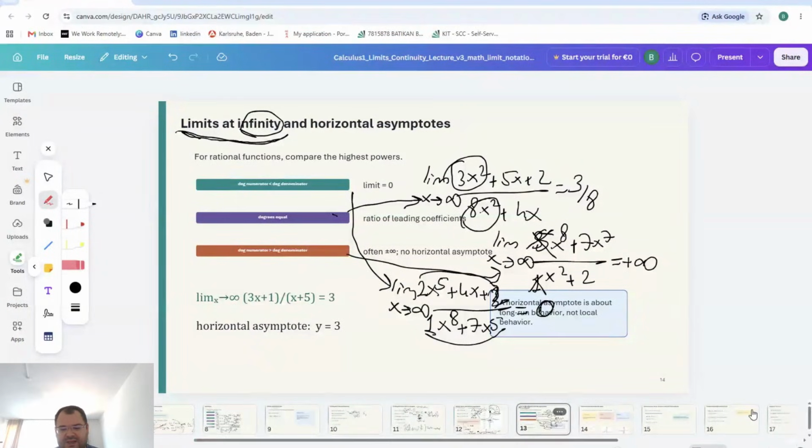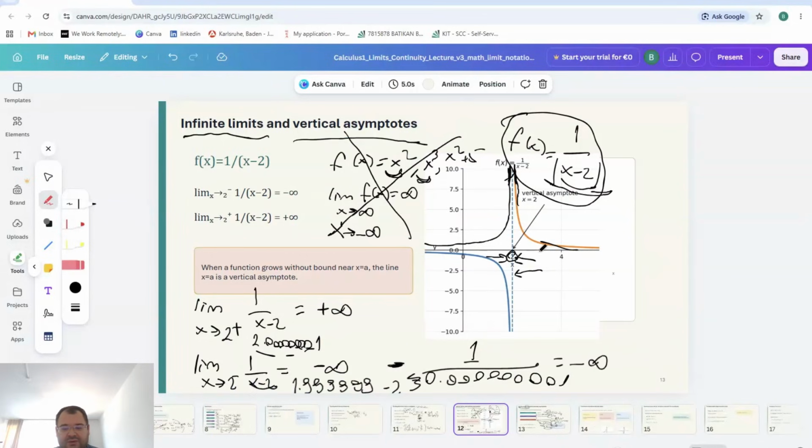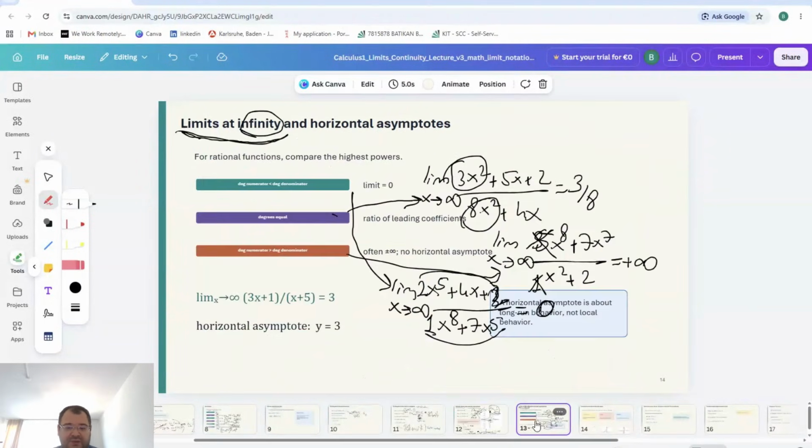It is just like the reverse of this. Here, for the x value you are approaching a certain constant and you are checking whether y values are going to infinity or minus infinity. Here, on the other hand, your x values are approaching plus infinity or minus infinity, not a constant, and you are checking if y values are approaching a certain constant value.